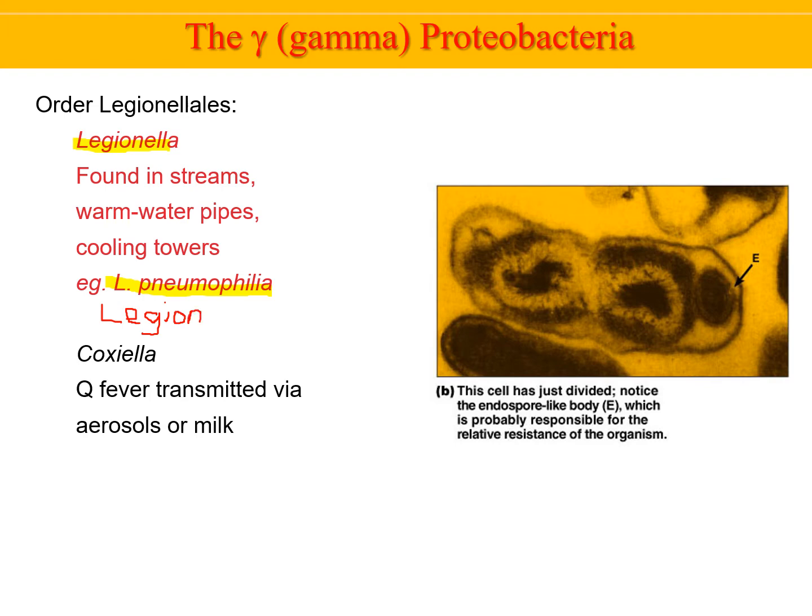It is a respiratory infection picked up by people who breathe in the organism. The organism typically grows in warm water in containers that are sitting around for a long time with warm water, like air conditioning units on the top of buildings, or warm water pipes blowing air.